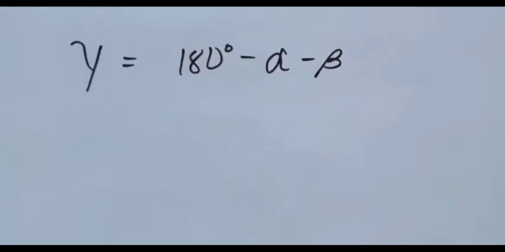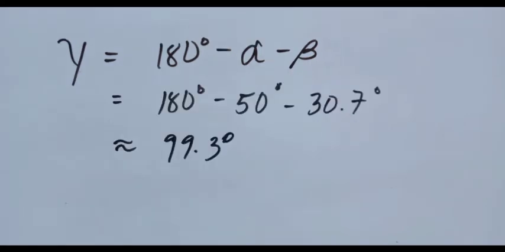We can now find the measurement of angle gamma by subtracting alpha and beta from 180 degrees. So 180 degrees minus 50 degrees minus 30.7 degrees is approximately 99.3 degrees. That is now our angle gamma.